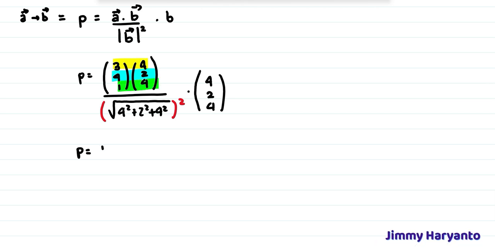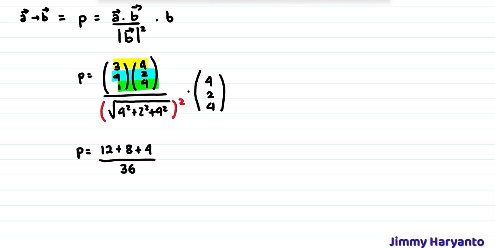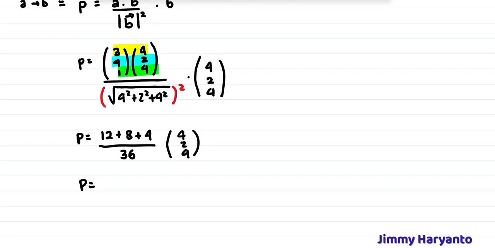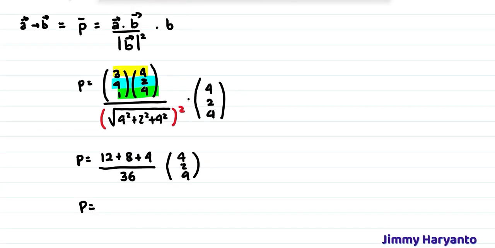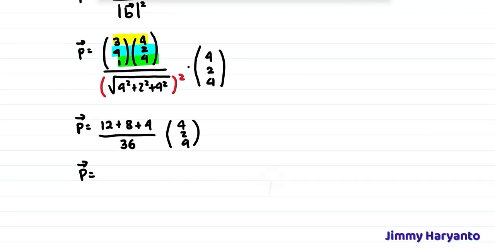So 4 times 3 equals 12, 4 times 2 equals 8, and 4 times 1 equals 4, over the bottom part, which will be 16 plus 16 is 32, 32 plus 4 equals 36. Times it with 4, 2, and 4.